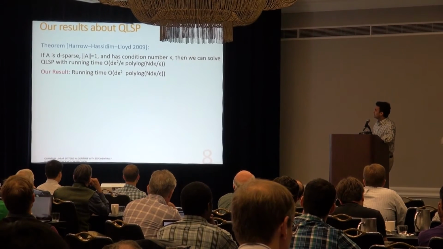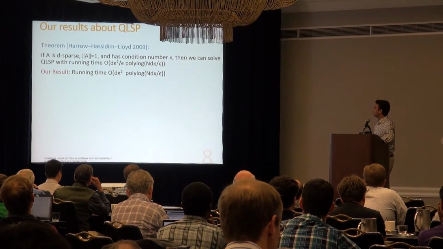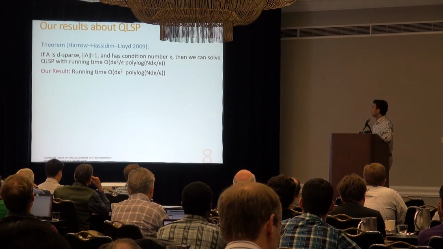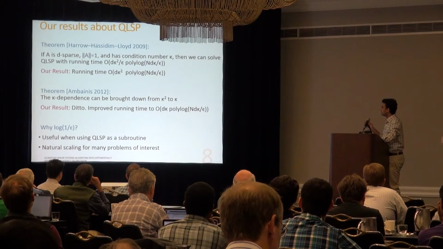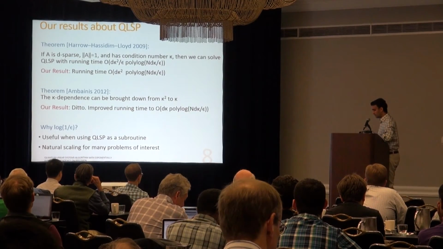And as I said on the previous slide, Ambainis improved the original algorithm by Harrow, Hassidim, and Lloyd to get the dependence on kappa down to linear, and we can also do the same thing. So the kappa dependence can be brought down to linear for our algorithm as well.